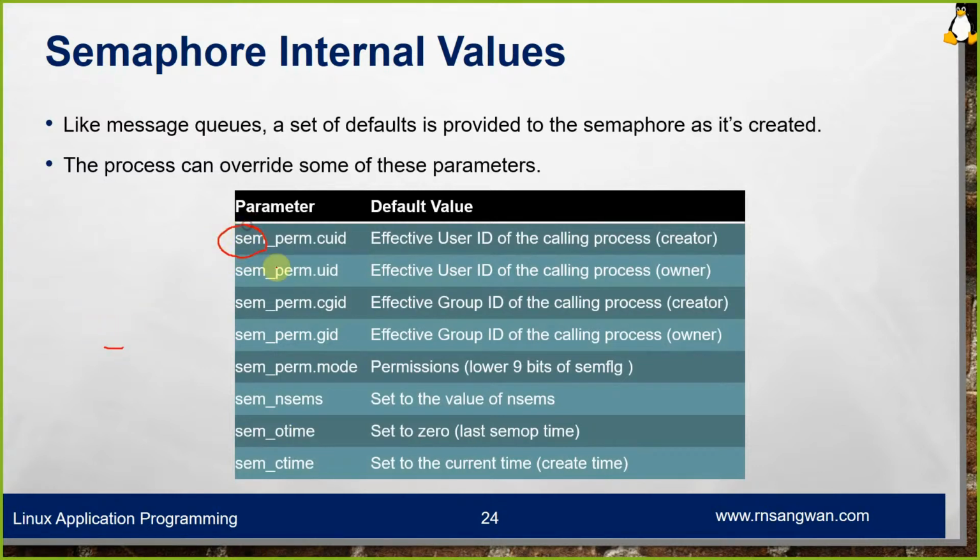Here it is semaphore. Permission user ID, that is creator user ID, owner user ID, and then creator group ID, owner group ID. Same set of values are there, except that the first prefix is changed. Now you will find yes, it is similar to the previous topic, except that some abbreviations and prefixes are changed with the same meaning.